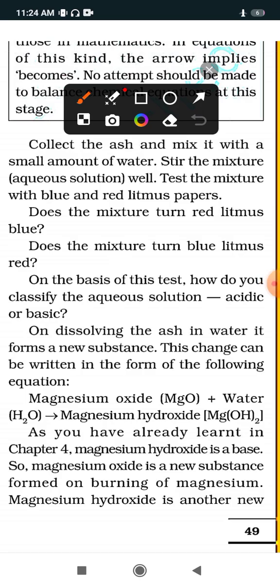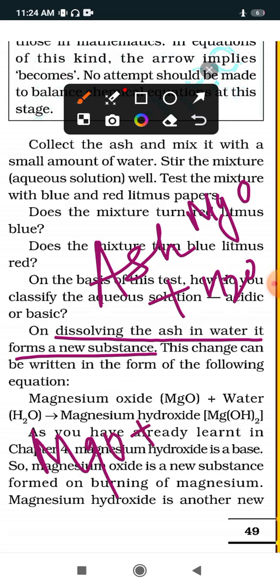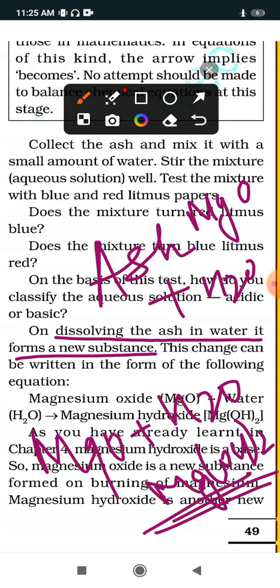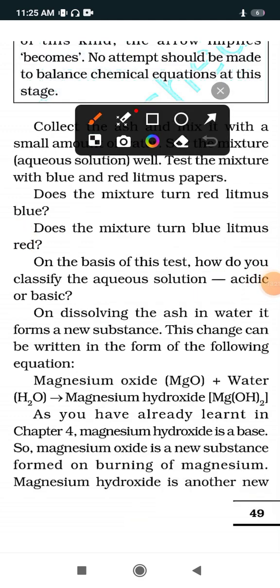On dissolving the ash in water, it forms a new substance. When we dissolve magnesium oxide in water, magnesium oxide plus water forms magnesium hydroxide, which is a base. As we learned in chapter 4, magnesium oxide is a base.